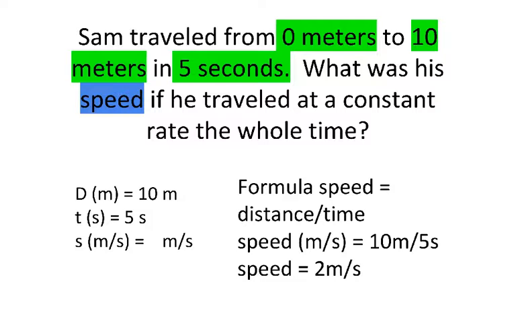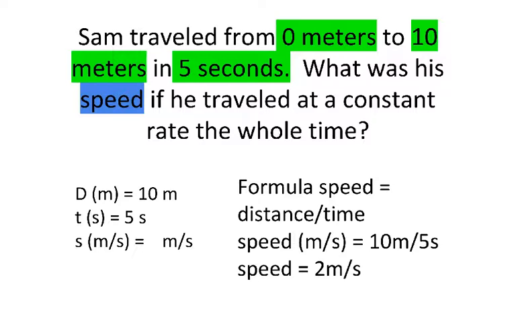So here is one that I have already set up for you. So Sam traveled from 0 meters to 10 meters in 5 seconds. What was his speed if he traveled at a constant rate the whole time? So I look here. Here's my little table right here.